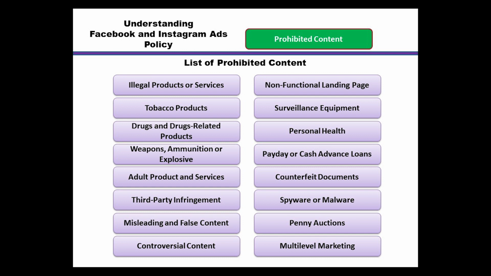All right, so now let's move to the spyware and the malware. Like I was explaining about the surveillance equipment, very similar, the spyware or malware is a software application which they do not allow.